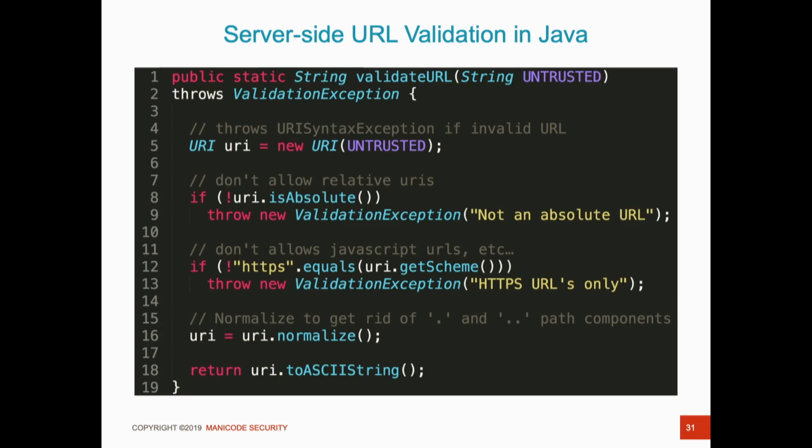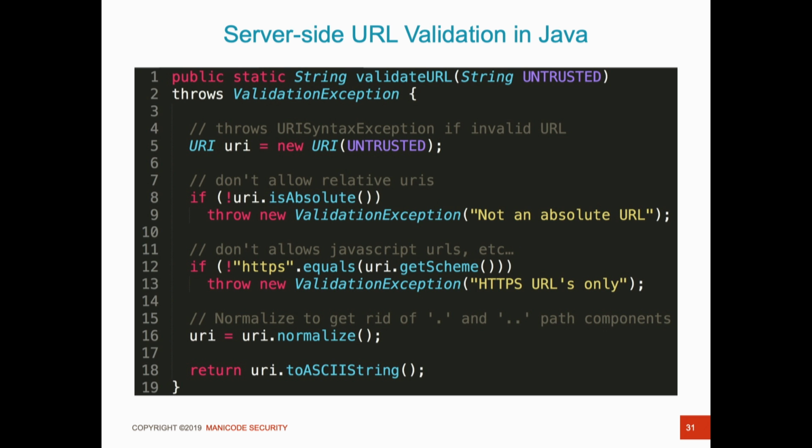I also like to do validation on the server when users first submit these URLs to me. So I have validate URL in Java. I'm using the URI class to make sure it's not absolute. I'm only accepting HTTPS, and I'm normalizing the URL at the end. Some security people don't like the normalize step. What they say is if the original URL doesn't match the normalized URL, then reject it altogether. I think that's fair.